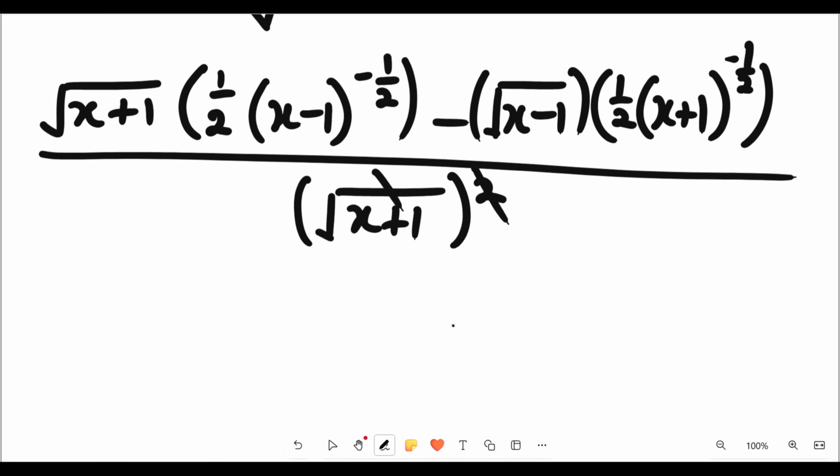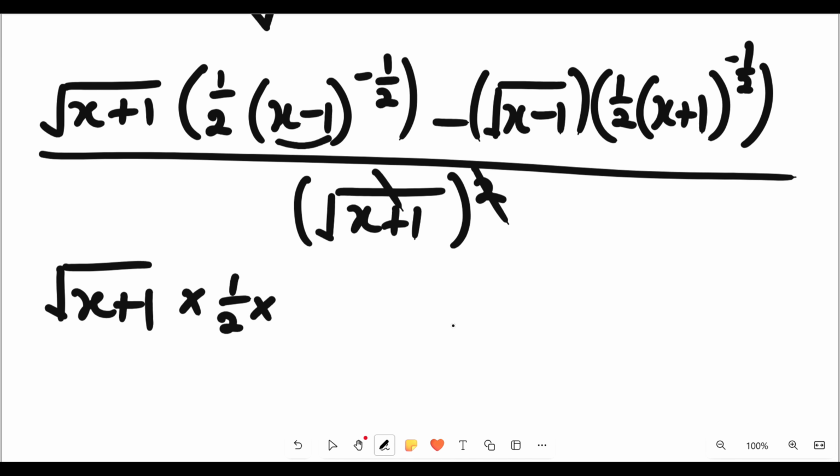Alright, let us work on the numerator. We can rewrite the numerator as the square root of x plus 1 multiplying (x minus 1) having a power of negative half. We can rewrite it so that there will be no negative power, as a square root. So we are going to get 1 times 1 over the square root of x minus 1.